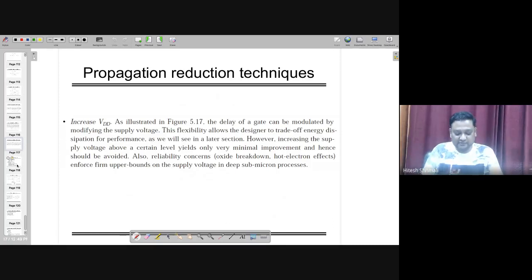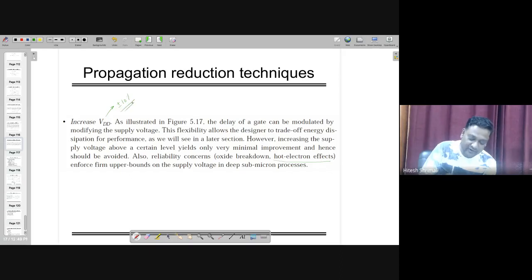And the third one is increasing VDD so that you have higher voltage. In physics, there is a term called hot electron effects. Because of hot electrons, you will have faster electron movement, and because of that you might have a better propagation delay. So it will be reduced. That can be done, but it is suggested that you should go just plus or minus 10% here and there.